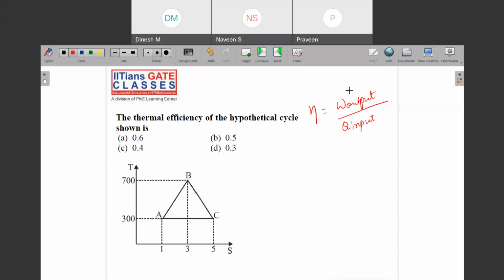So I am writing this in terms of heat and work: what was your work output and what was your heat input. The ratio will tell you the efficiency. Now it asks what is the thermal efficiency of the hypothetical cycle.